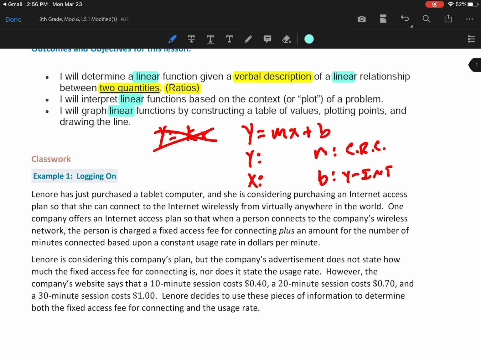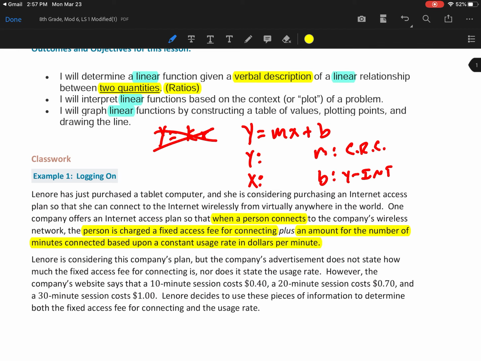I want to hold up right there because there was a lot of information in that one sentence, right? Specifically the second part. So the plan says that when a person connects, some kind of fee service kicks in, and that is that person is charged a fixed access fee for connecting plus an amount for the number of minutes connected based on a constant usage rate in dollars per minute.